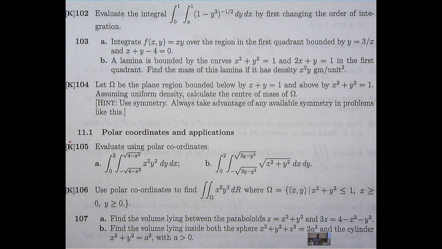Okay? All right, so I'm going to start with 104. So we've got omega, some two-dimensional region, bounded by this line below and above by this circle. Assuming that the density is uniform, calculate the centre of mass of the region omega.